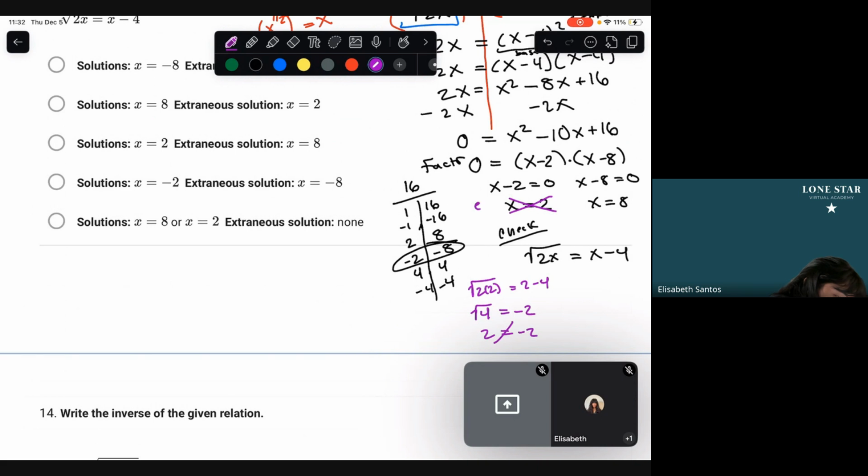So this one might be the extra one. But I'm going to double check by plugging in the 8 this time. That's the square root of 16 equals 4, which is 4 equals 4. That checks out. So our solution is 8. The extra one is 2. Negative 2? No, 2. Sorry. This one.